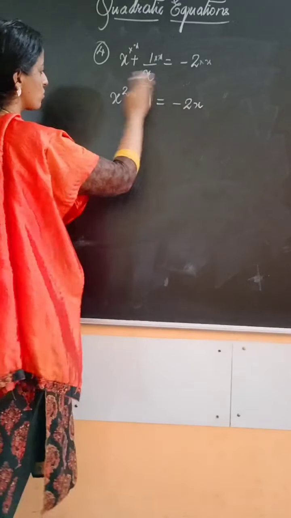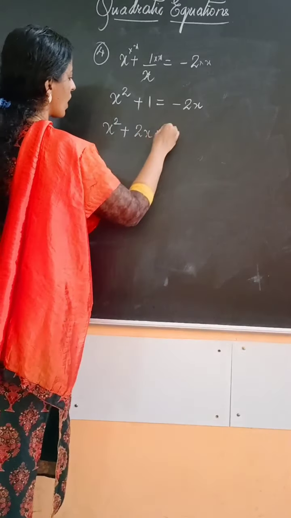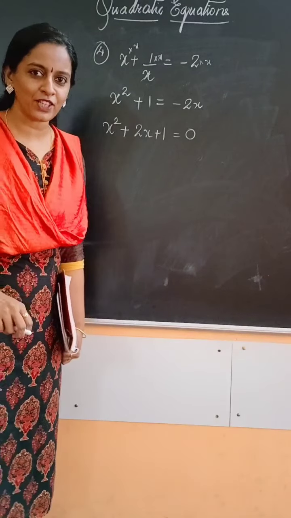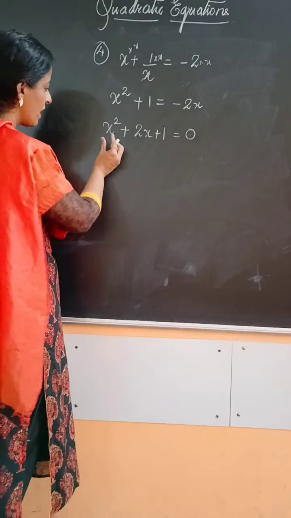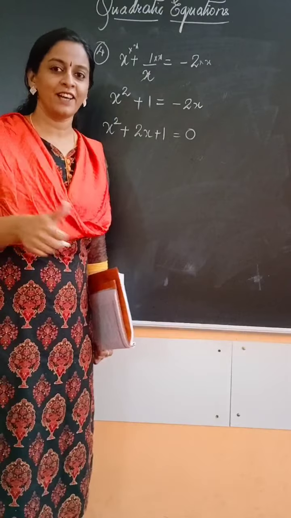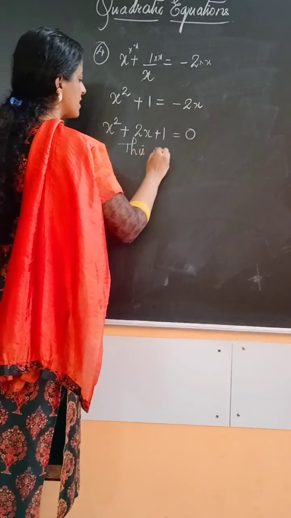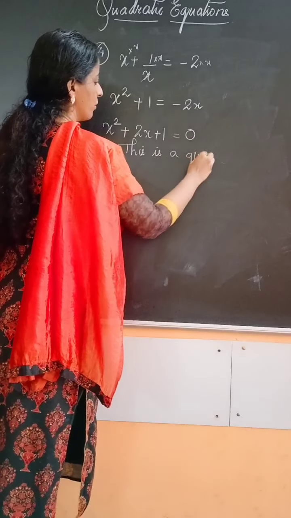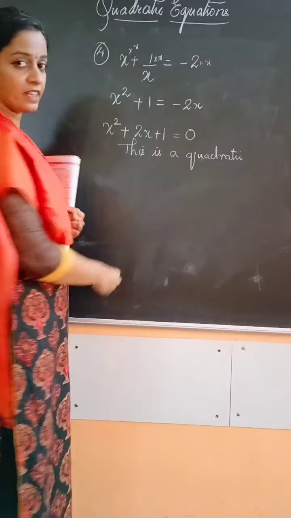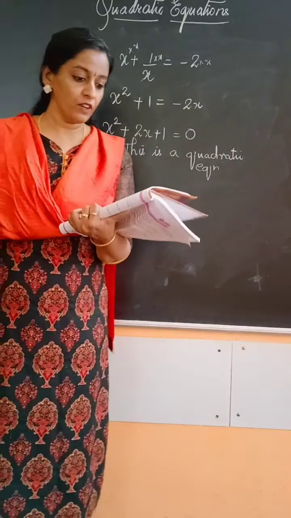Bring minus 2x to the other side: x square plus 2x plus 1 equal to 0. Now is this a quadratic equation? Just check with the general form ax square plus bx plus c equal to 0. Done. So this is a quadratic equation. Show the steps, show how we made it quadratic. You write the full working.